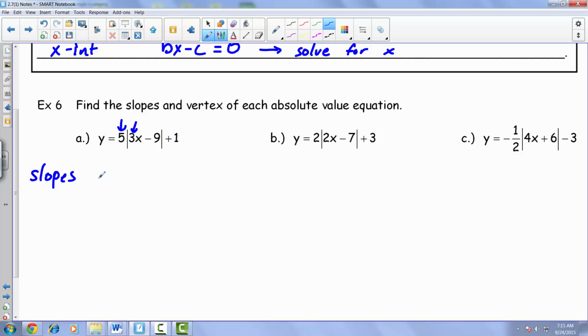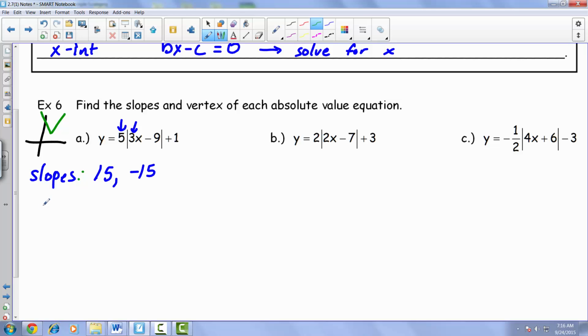So then we end up with 15 and also negative 15, because you have to keep in mind that this is a v. So if we just had, for example, the v looking something like this, from here it's considered positive 15, but on the left side of that vertex, it would be considered negative 15. So that's where we're seeing both slopes for this particular absolute value.